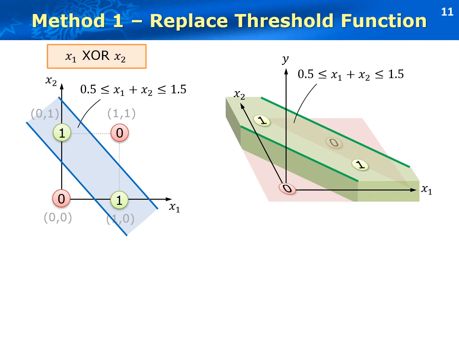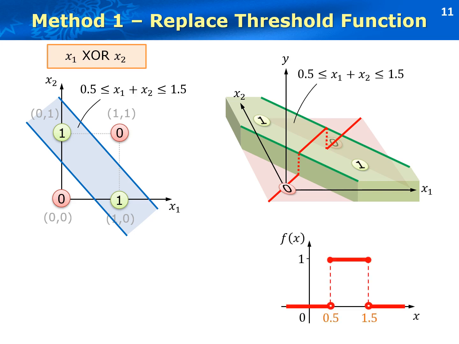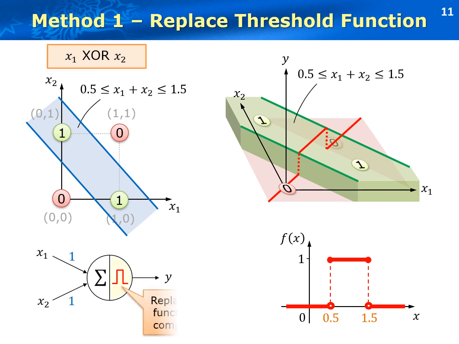When the shape of this hyperplane in 3 dimensions is projected onto 2 dimensions, it looks like a piecewise function whose value is 1 when x is between 0.5 and 1.5, and 0 otherwise. The single-layer neuron with this piecewise function can mimic the XOR gate.